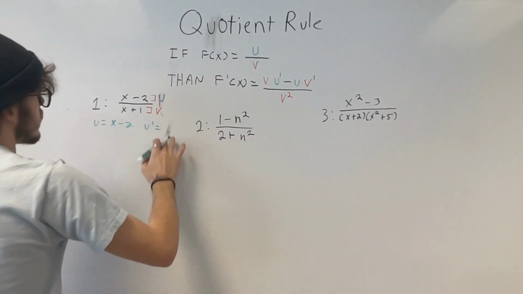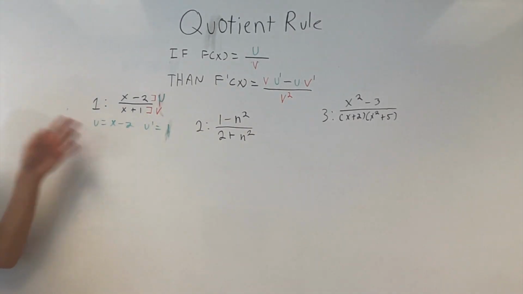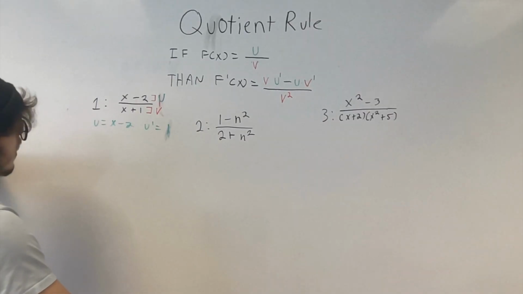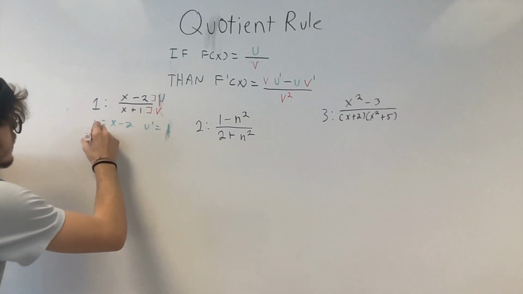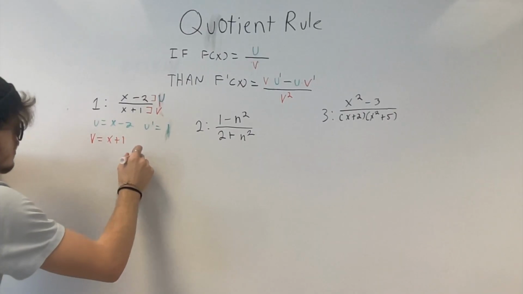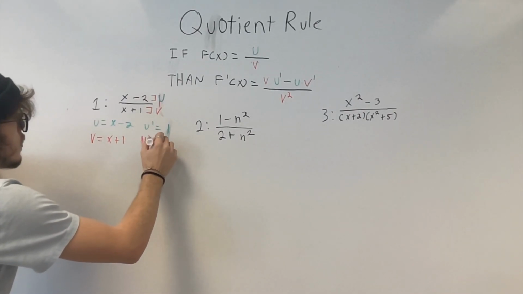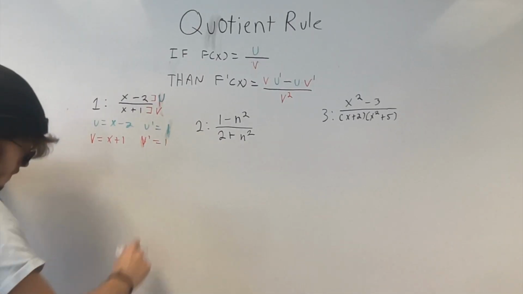Because if we use power rule here for each of the terms, x is just 1, negative 2 is 0. And then if we take v here, which is x plus 1, we get the same result for v prime, which is just 1.